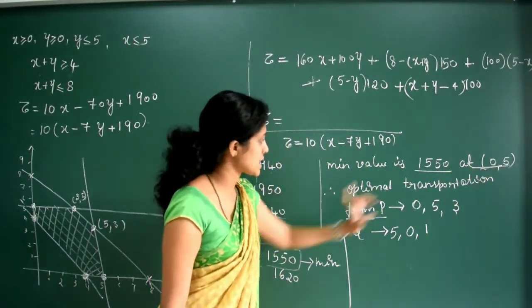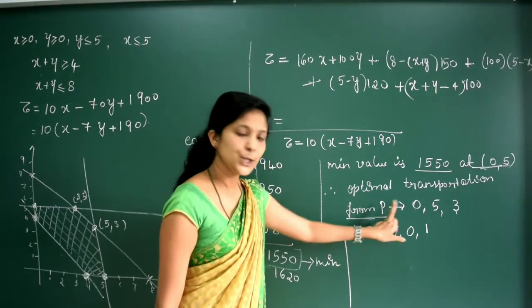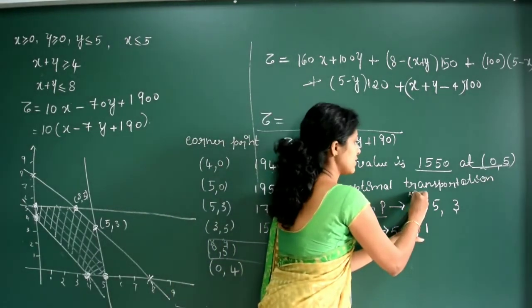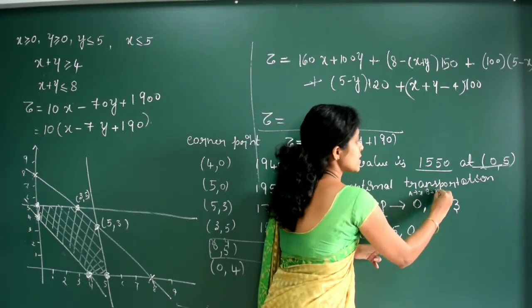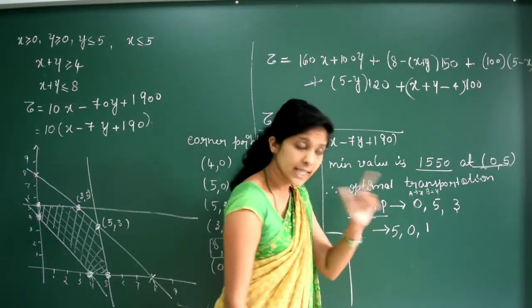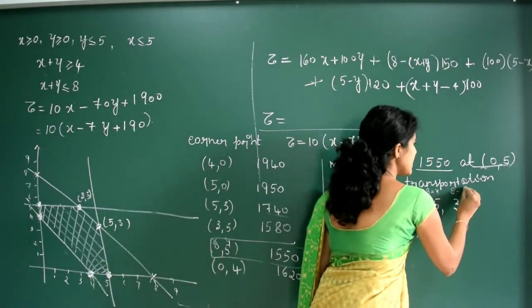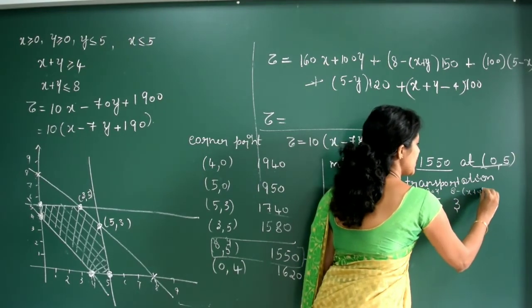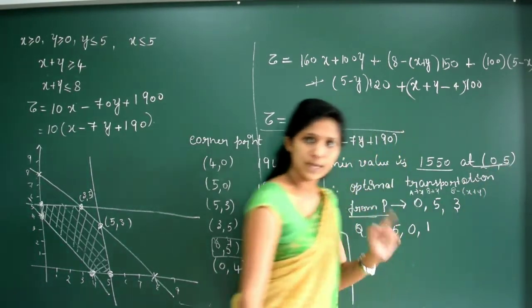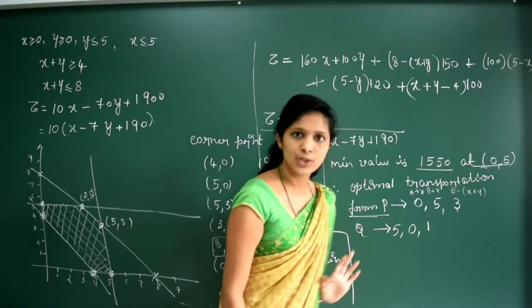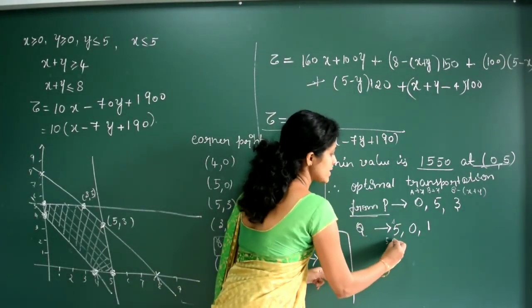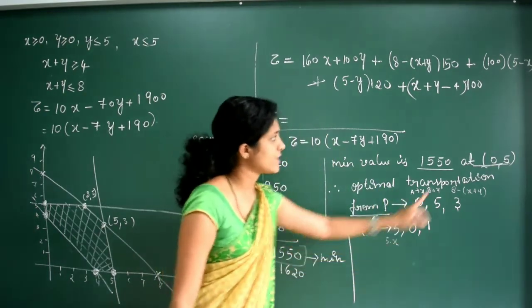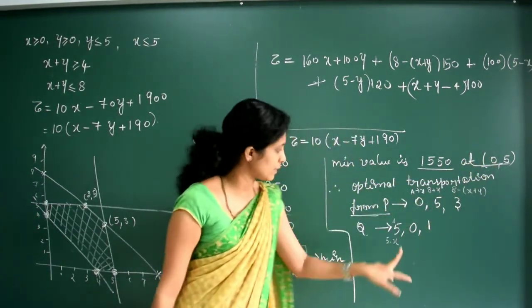So optimal transportation from P to A, it was x, so that is 0. P to B, it was y, so that is 5. P to C, it was 8 minus (x plus y), so that is 8 minus 5, which is 3. Is it clear? From Q to A, that was 5 minus x. X is 0, so 5 minus 0 will be 5.